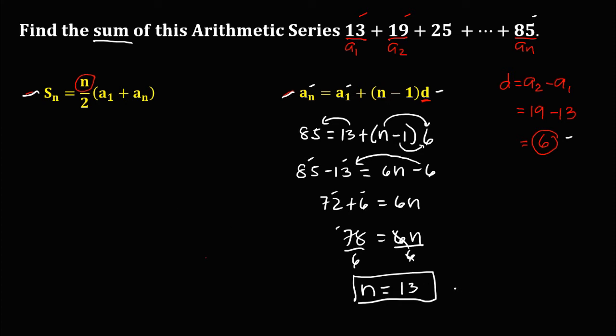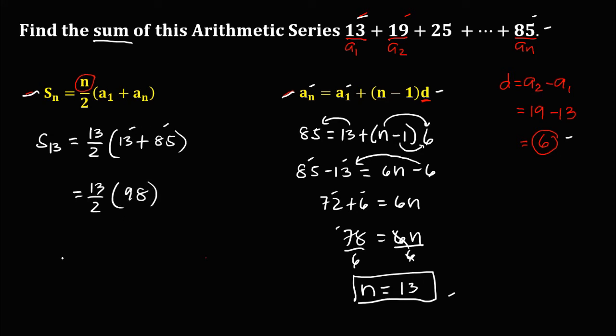Since this series has 13 terms, the sum of these 13 terms equals n, that's 13, divided by 2, times a sub 1, that's 13, plus a sub n, that's 85. Then we have 13 divided by 2 times 13 plus 85, that's 98.